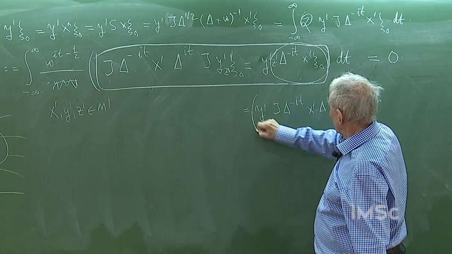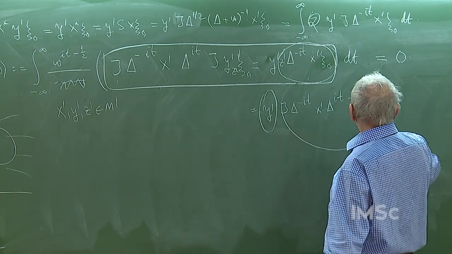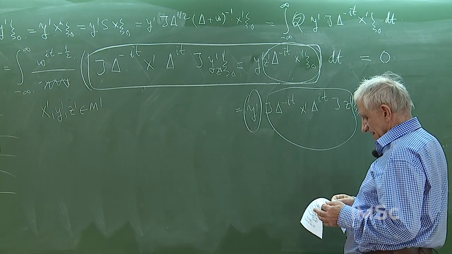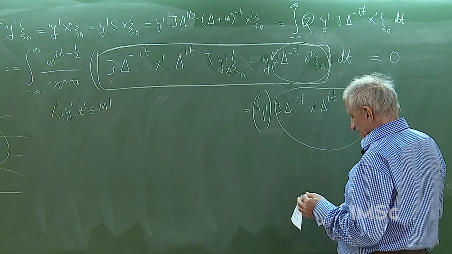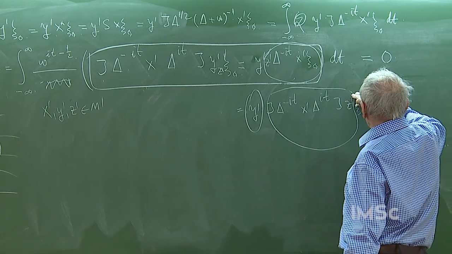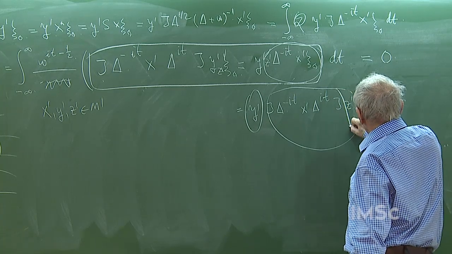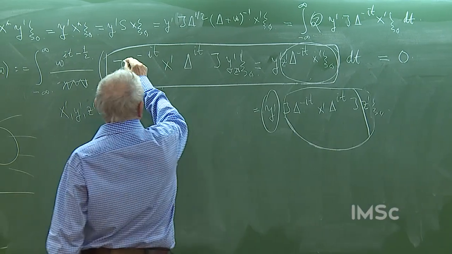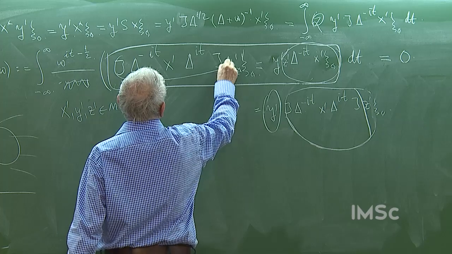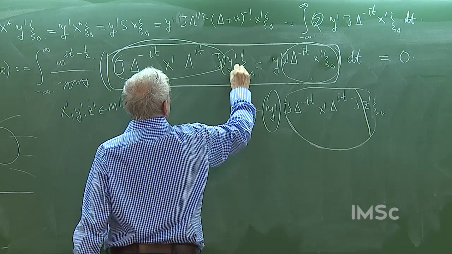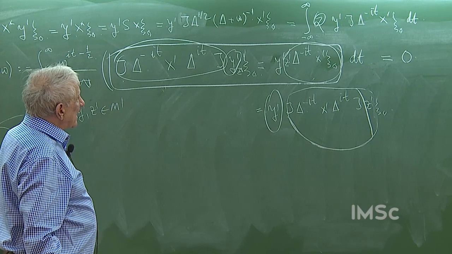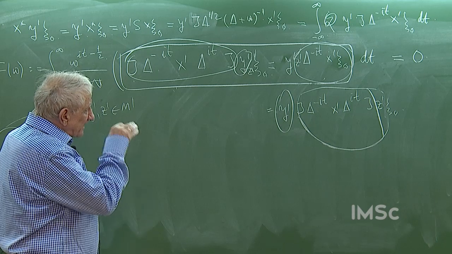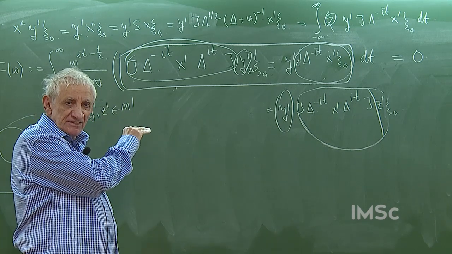Now look what happens. These two operators, this one and the operator in here, do commute, because this equality of commutation is valid on a dense subset, which is M prime psi 0.